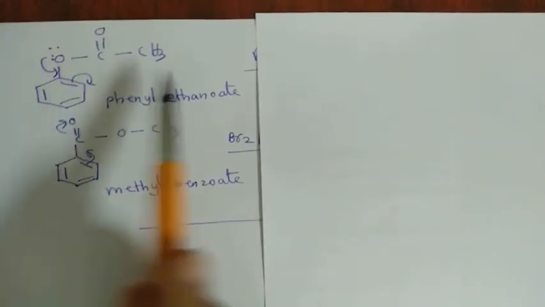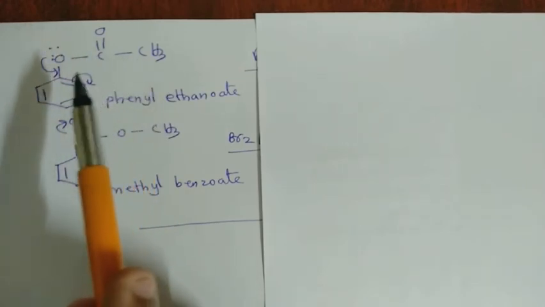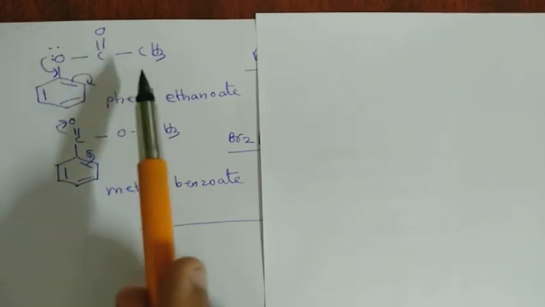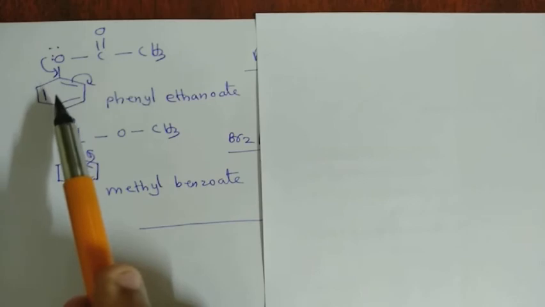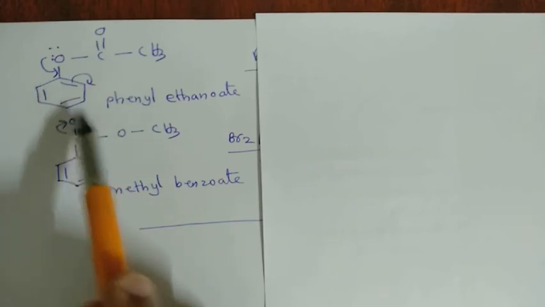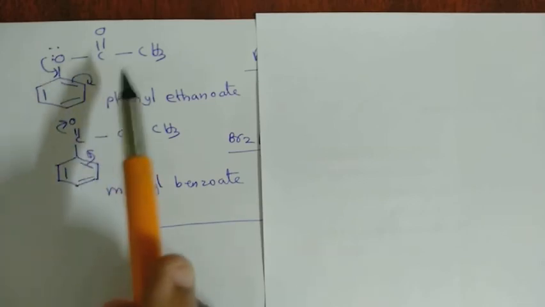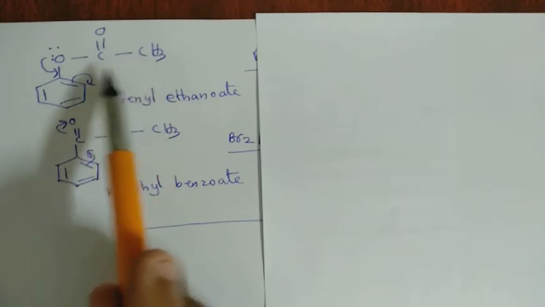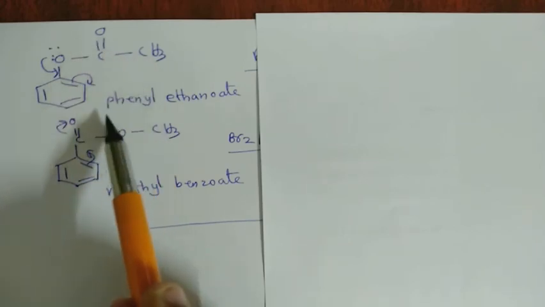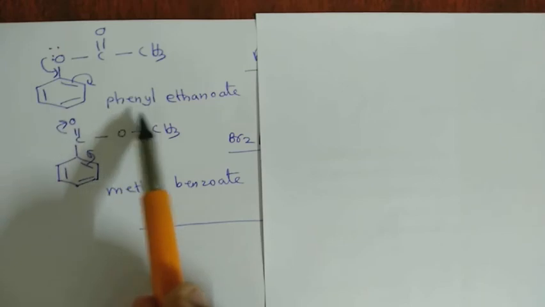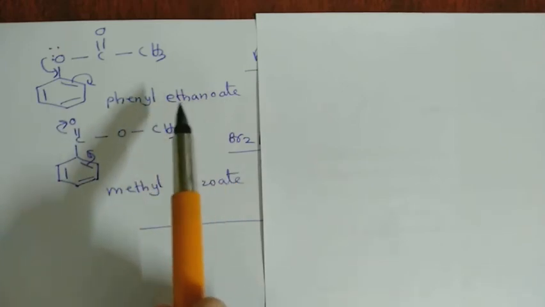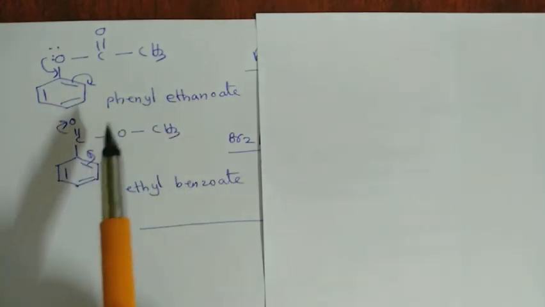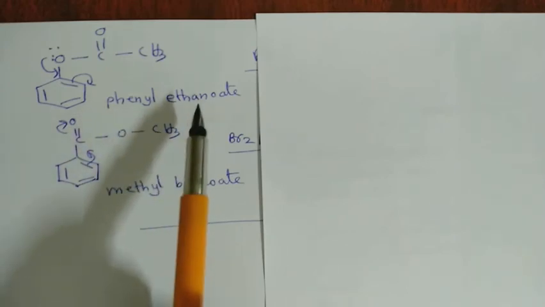Consider one more example of the orientation effect of a substituent in the benzene ring. The first compound is the phenyl ester of acetic acid or ethanoic acid. Its IUPAC name is phenyl ethanoate. The second compound is an isomer of phenyl ethanoate.